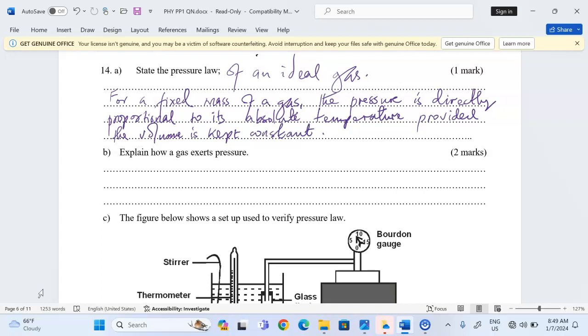Provided the volume is kept constant, the pressure of an ideal gas is directly proportional to the absolute temperature.